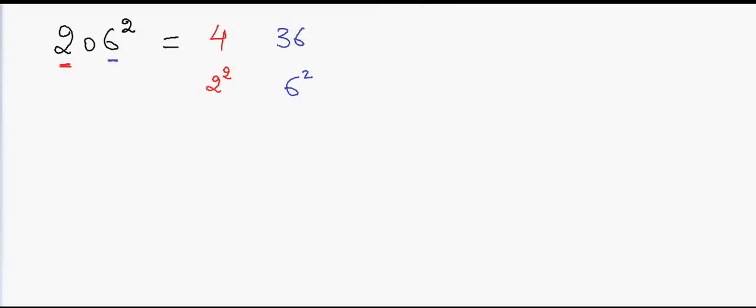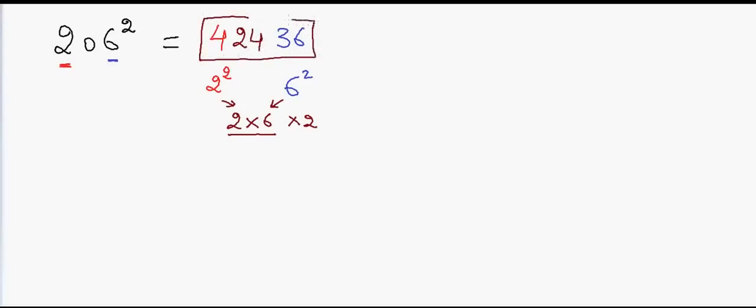And now to get the middle numbers, what I'll do is multiply 2 and 6, and then multiply again with 2, and that will be 6 into 4, 24. So that will be the answer.